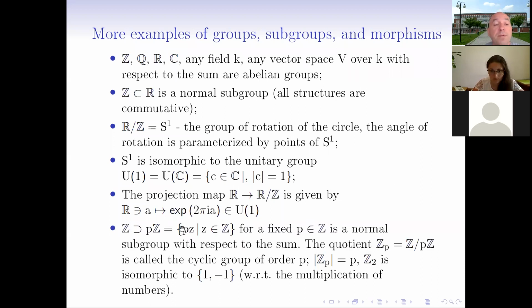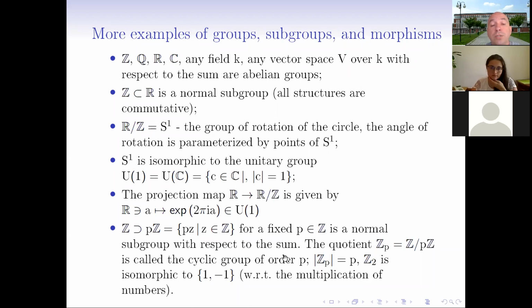So one more example. Consider integers, any integer p, let's take it not 0, and consider all elements of the form p times z, where z belongs to the integers. Then pZ is a subgroup inside Z, and of course it's a normal subgroup because everything is commutative.